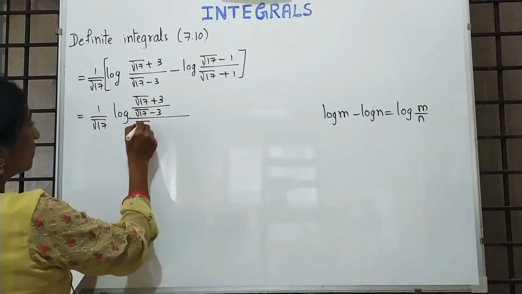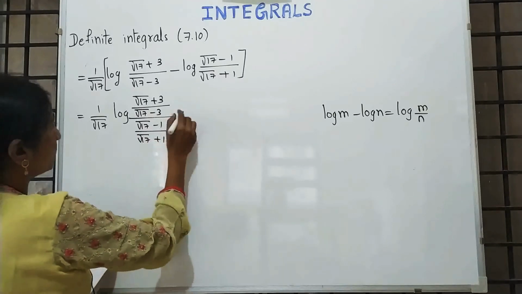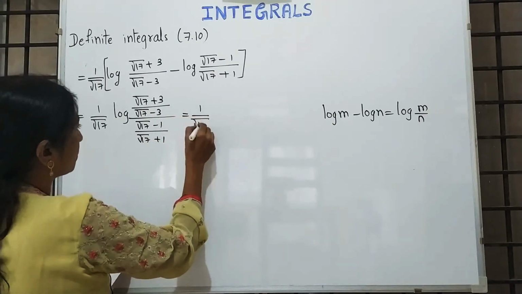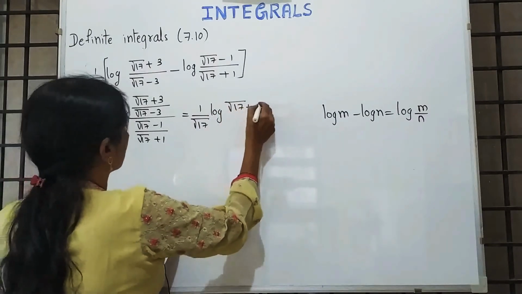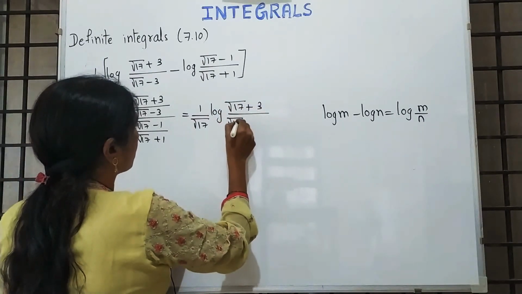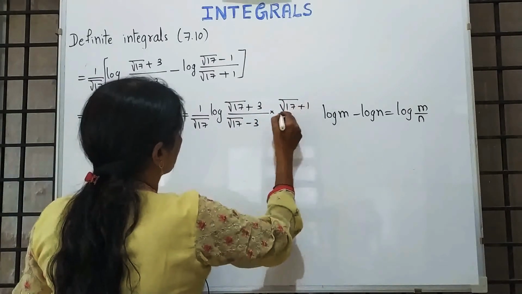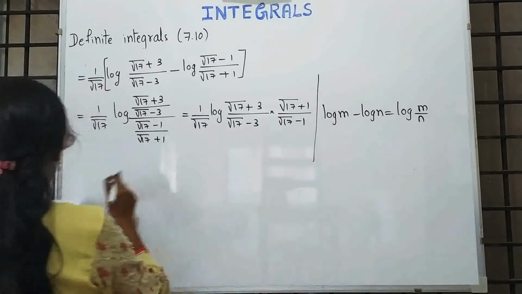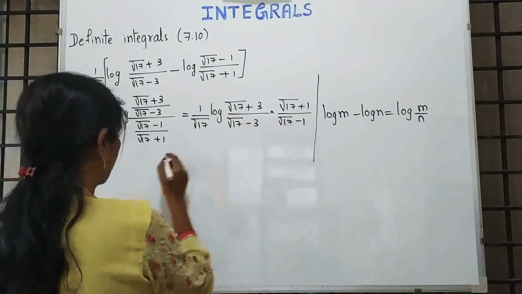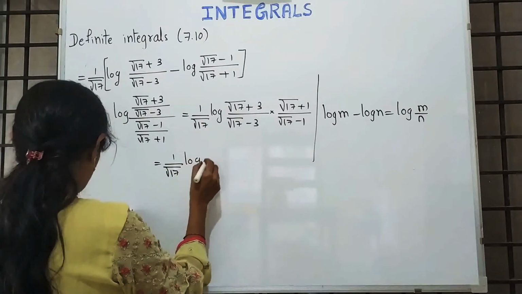Whole upon, and this fraction goes up. Then multiply these two terms. It is 1 upon root 17, term by term multiplication.